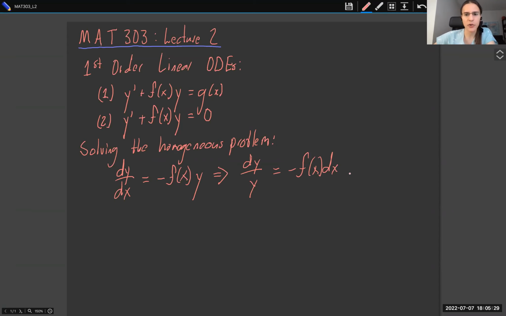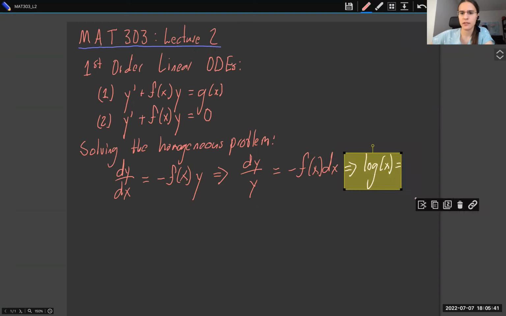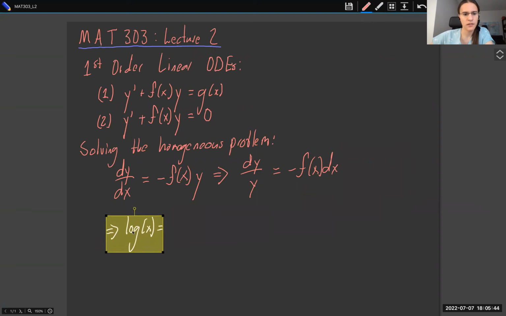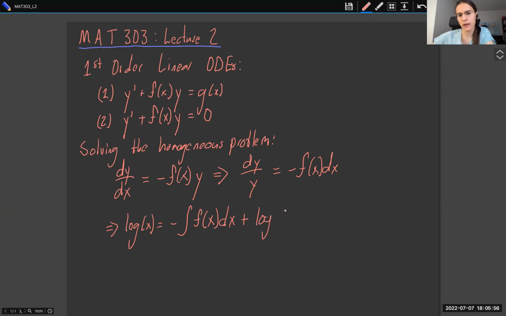When we integrate this, we get log y is equal to negative the integral of f of x dx plus a constant, which I'll write as log of c.